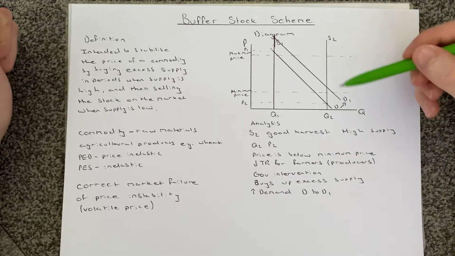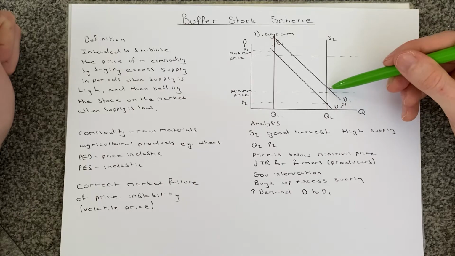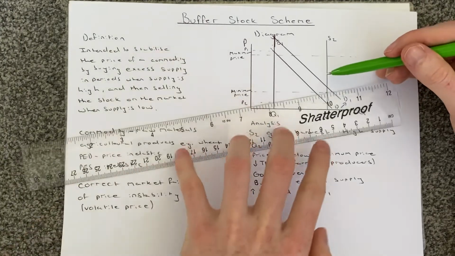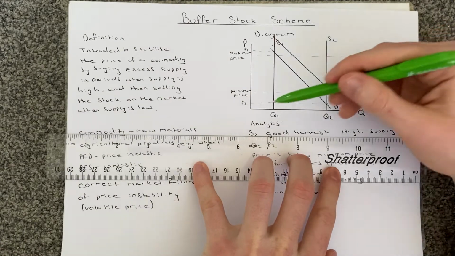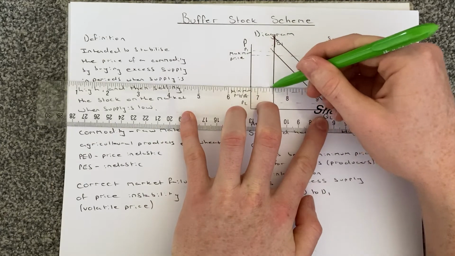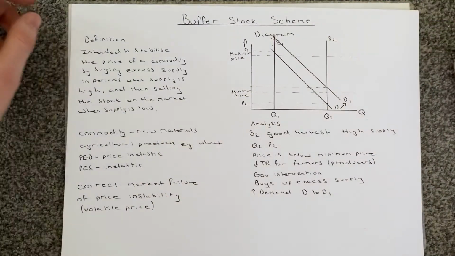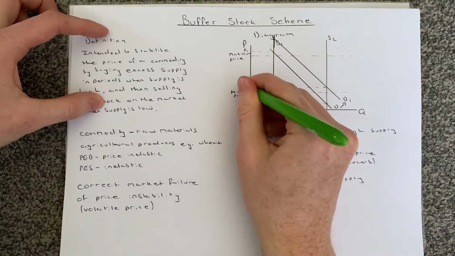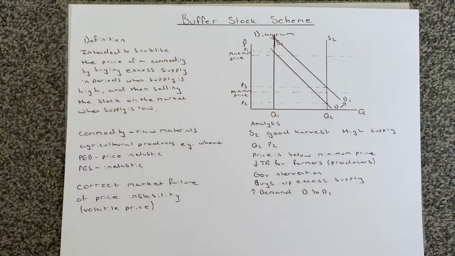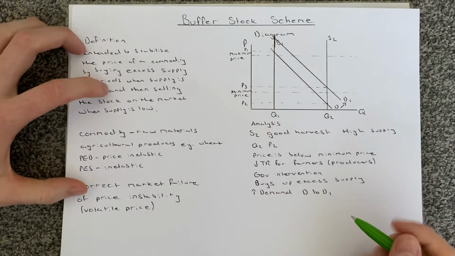Well, as we can see, if we move up the supply curve S2, the price has now risen from P2 to a new higher price, and we can label that price P3.